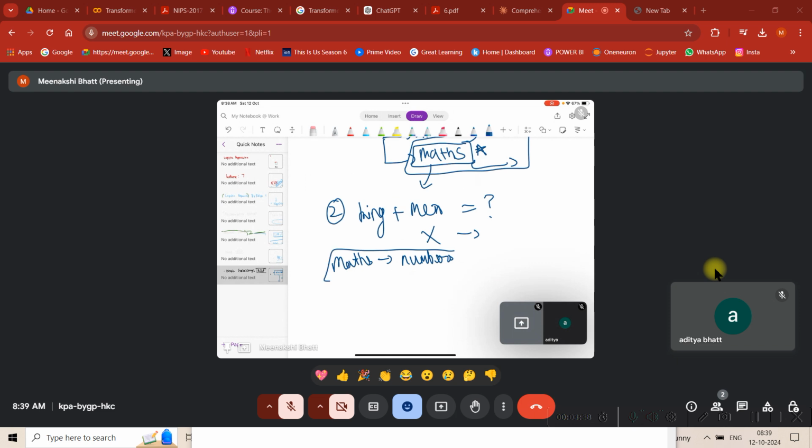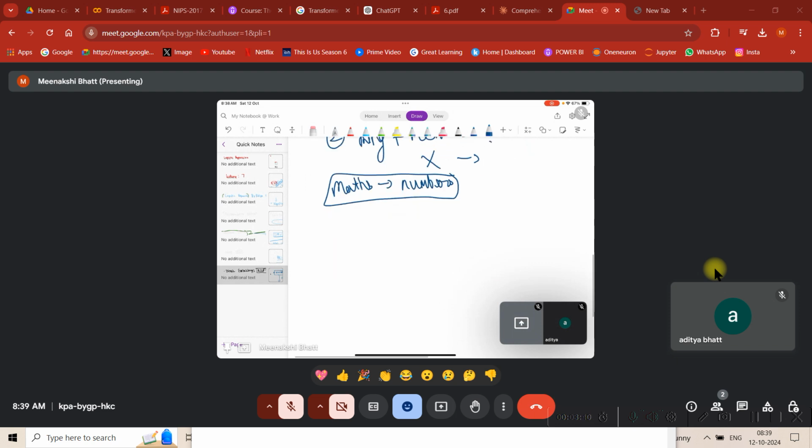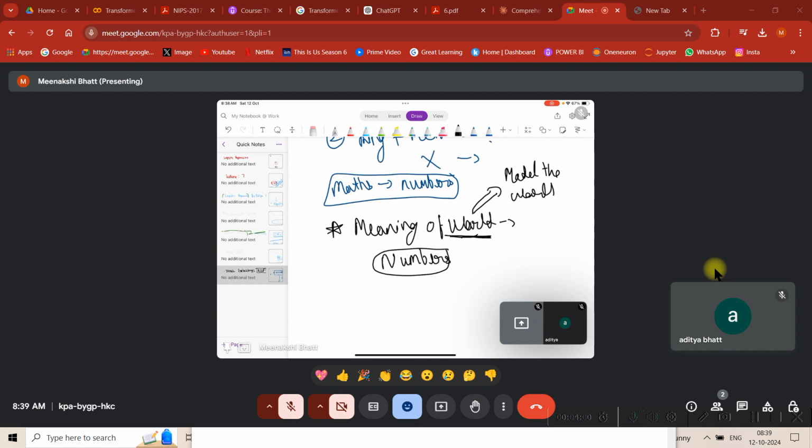So if you want to capture the meaning of the world, and you want to do it with the help of numbers, you want to model the world, right? Essentially we are trying to model the world. Now if we wish to model the world, we would need to convert our knowledge base. So what is our knowledge base?